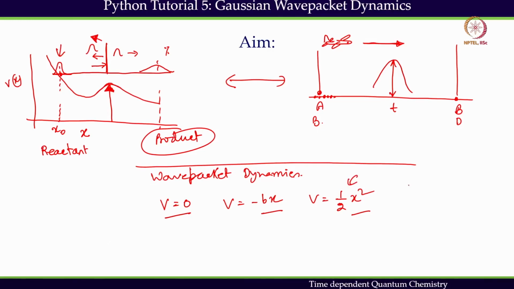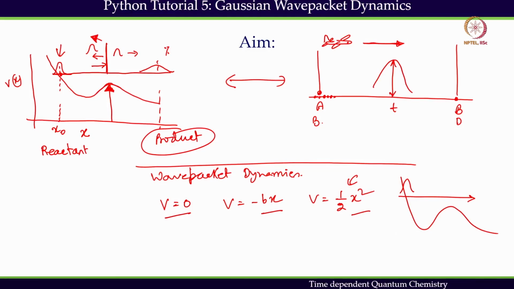In a practical scenario, my potential may have this kind of shape, and there is neither linear nor quadratic potential. We have to create our own potential, and based on that potential we have to propagate. In that case we need the numerical solution to this Wavepacket dynamics. So the numerical solution to Wavepacket dynamics is very important for practical application, and we'll go over it.